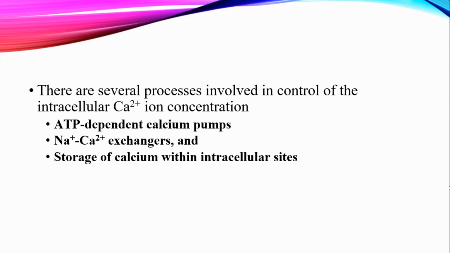There are ATP dependent calcium pumps, which supply the calcium from the extracellular fluids to the intracellular space, and there is the sodium calcium exchanger. Also, the intracellular calcium ion concentration is regulated by the storage of calcium within intracellular sites like the endoplasmic reticulum and mitochondria.